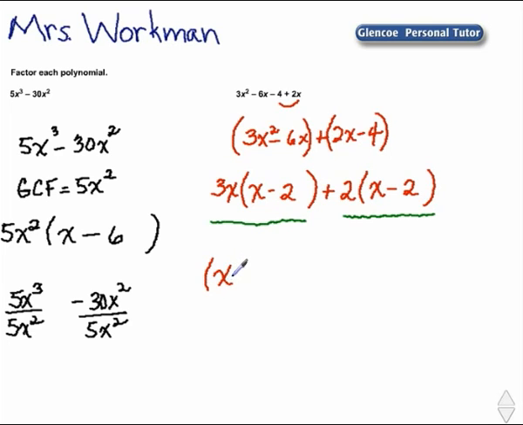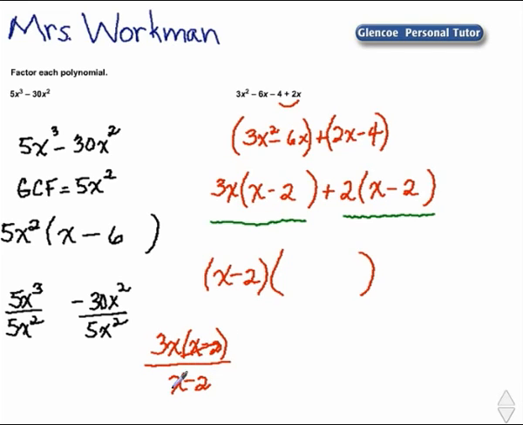So this is the GCF, and we'll be using the distributive property to factor it out of the two terms. In other words, we have 3x times the quantity x minus 2, and we're going to divide that by the GCF, which is x minus 2.